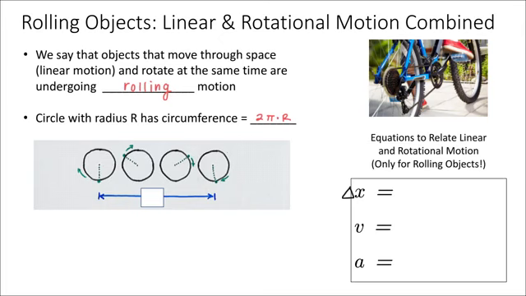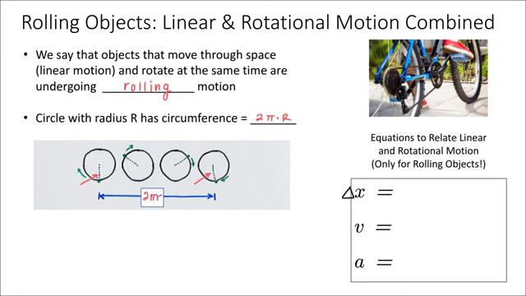If you were to think about that bike wheel making one full revolution, like in this diagram shown, we would see that by the time the bike wheel is back to its original position, we've basically unraveled the circle such that the distance that bike wheel has traveled is actually equal to the circumference, 2 pi r.